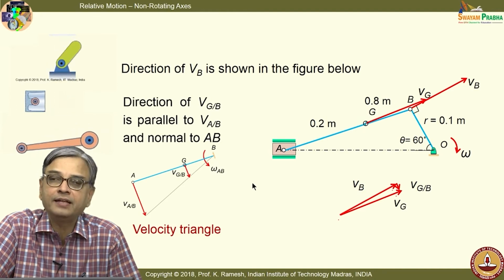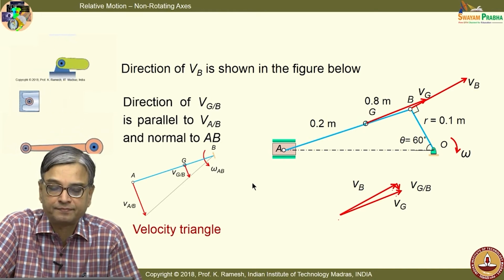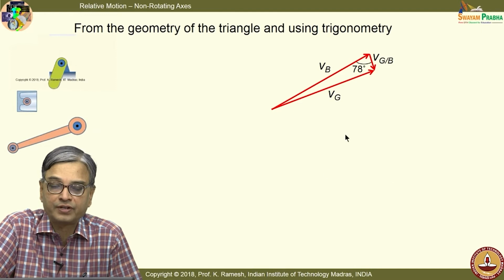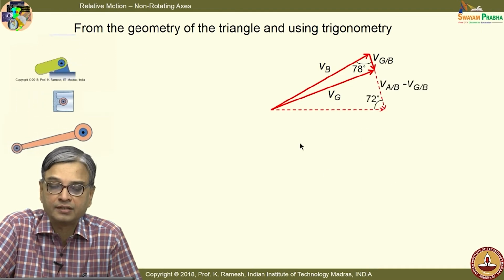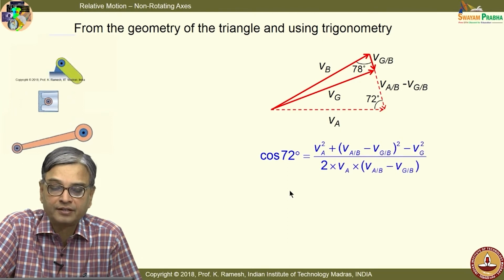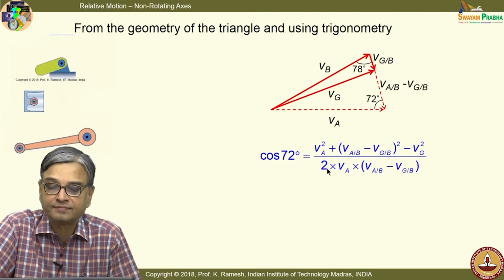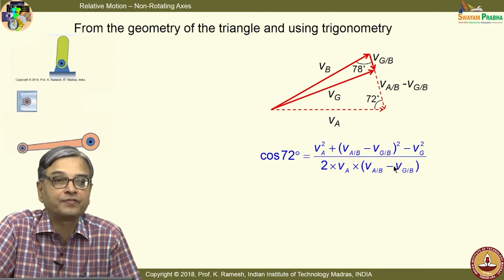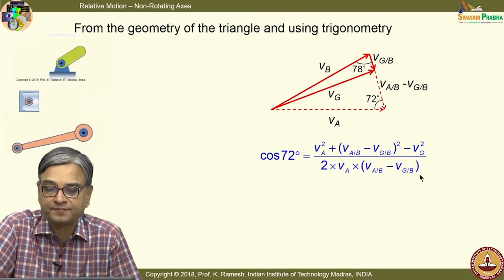We can also determine the magnitude now. For that, again I need to use properties of the whole diagram. We already know the angle is 72 degrees, and from knowledge of trigonometry I can write cos 72 degrees as a function like this. So, you have to go back and brush up your basic trigonometry, properties of triangles, properties of circles.